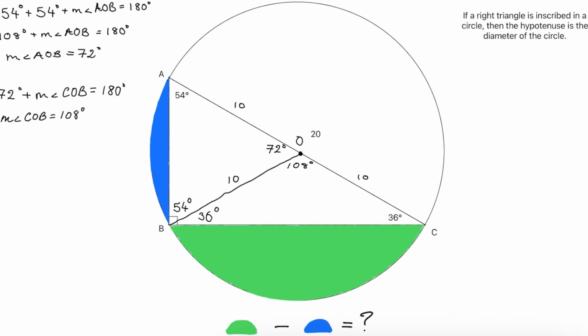The area of the green region is equal to, or can be expressed as, the area of sector OBC, which is this large pizza slice, if you will, minus the area of triangle OBC.